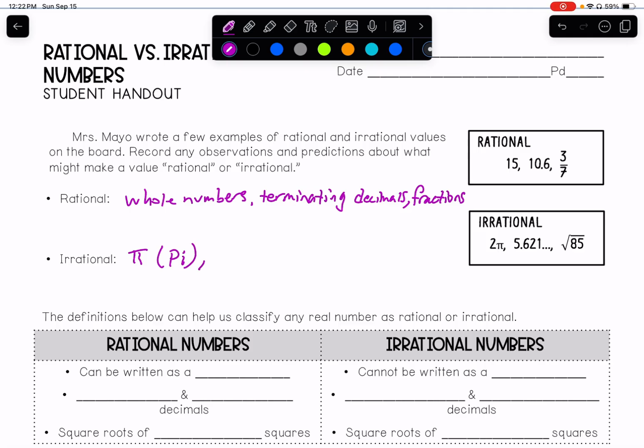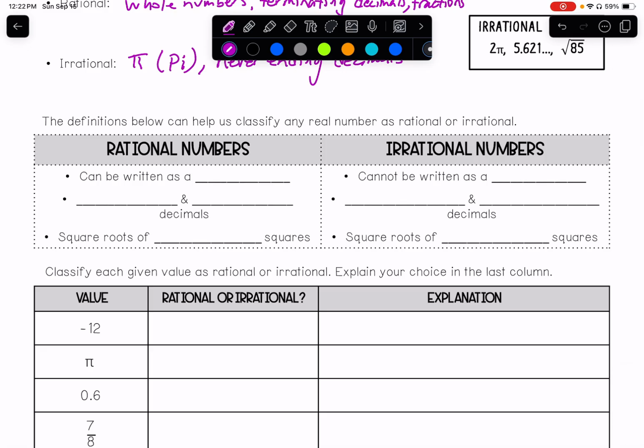They're also terminating and repeating decimals, and square roots of perfect squares. Those are rational numbers. Now, irrational numbers cannot be written as a fraction or ratio. They're non-terminating, which means they do not end. Non-terminating decimals and non-repeating, and square roots of non-perfect squares.